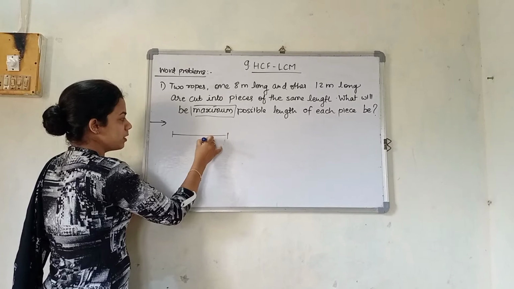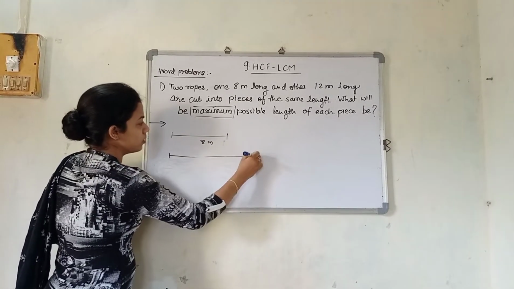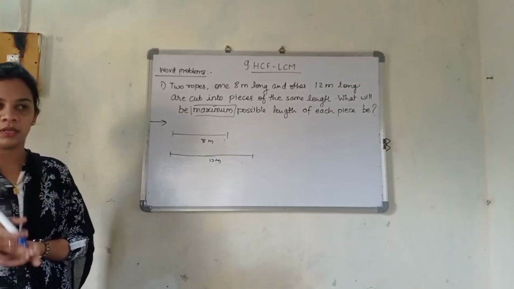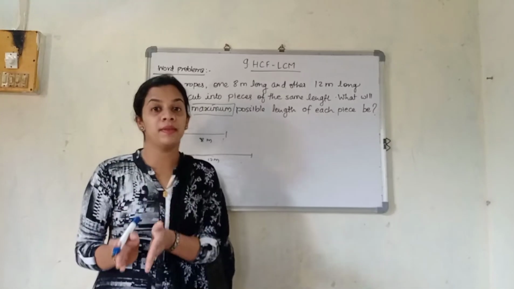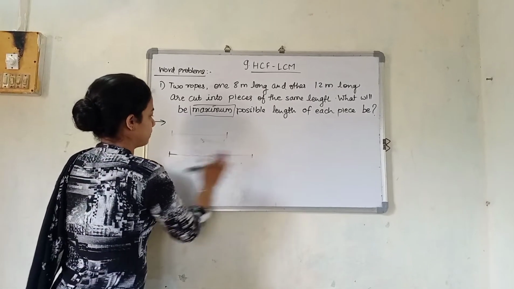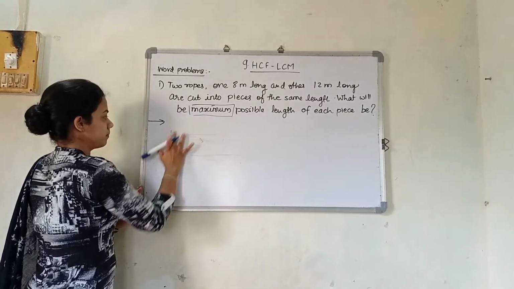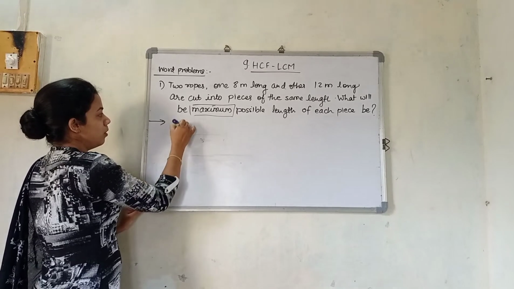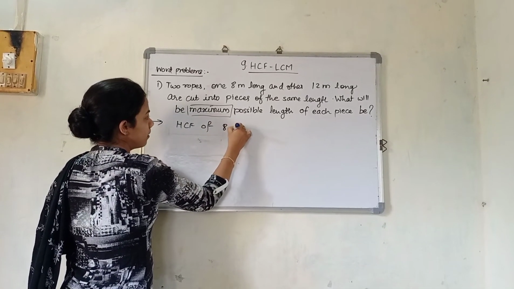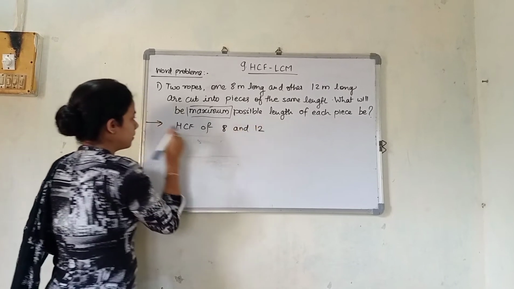One 8-meter rope is present and another rope is 12 meter, and they are going to be cut into pieces. What will be the length of that piece they have asked? That only we are going to find here. So HCF of 8 and 12.